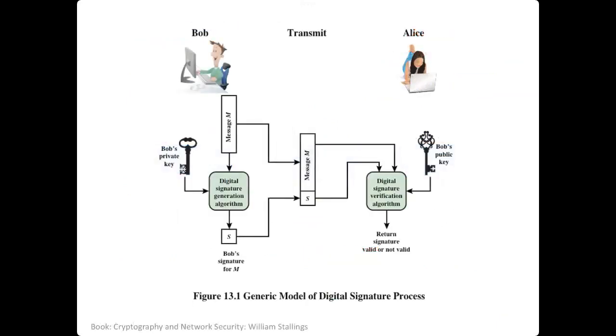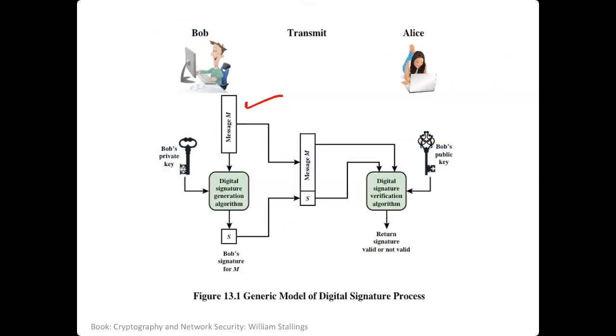Okay. Now pictorially, I'm trying to discuss the same point here. Bob has a message M. Now here it's changed to Bob to Alice, not Alice to Bob. So Bob wants to send something to Alice.